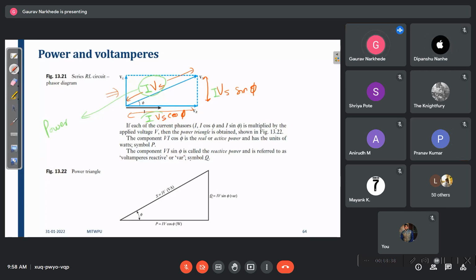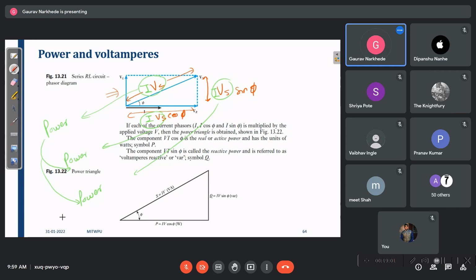Correct? What is I into V? Power. Do you understand what I am saying? Okay, so this total power is the phasor addition of this power and this power, correct?